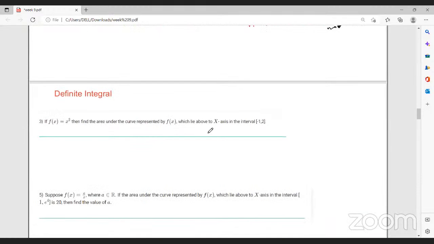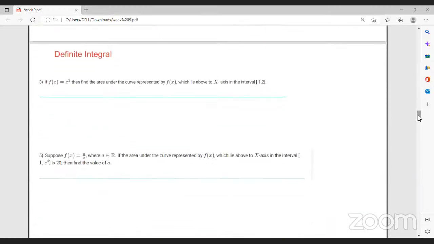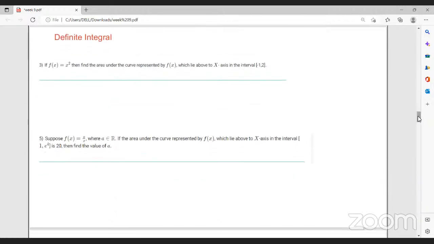So now we'll move on to the definite integral part. This one is easy, simply integration is there. Here we have given the function f of x equals x square. Find the area under the curve represented by f of x which lies above the x-axis in the interval -1 to 2. So what we have to do is find the integral from -1 to 2 of f of x dx.